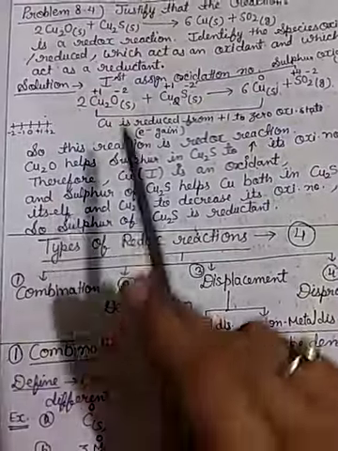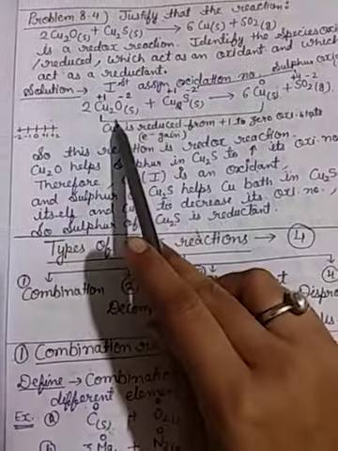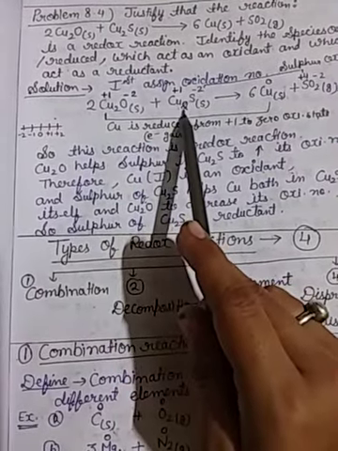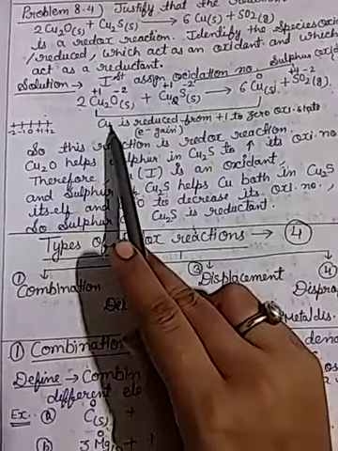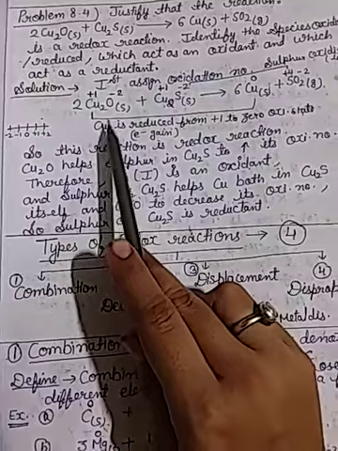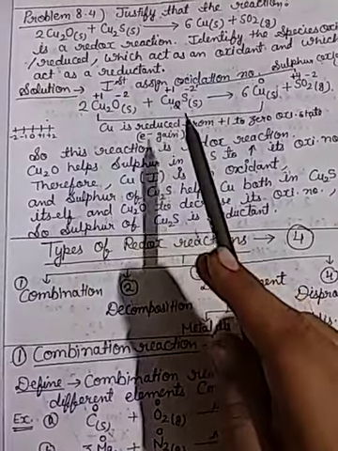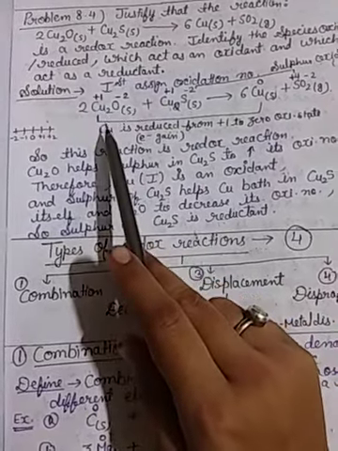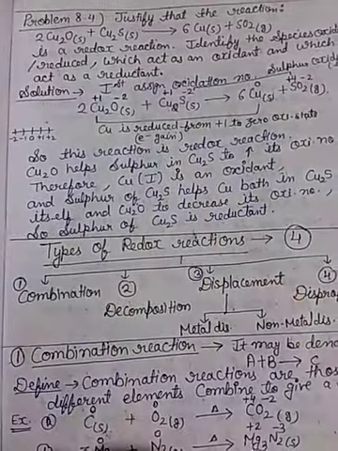So the sulfur of Cu2S is the reductant. This one carries out oxidation and this one carries out reduction. Copper is the oxidant, and sulfur is the reductant.